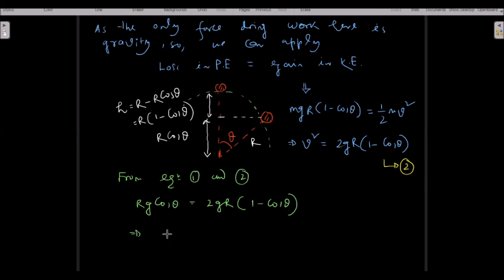So how much you are getting? You are getting 3gr cos theta is equal to 2gr, hence theta is equal to cos inverse of 2 by 3. That's the final answer.